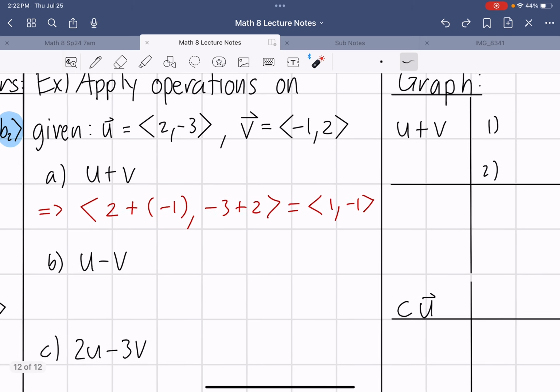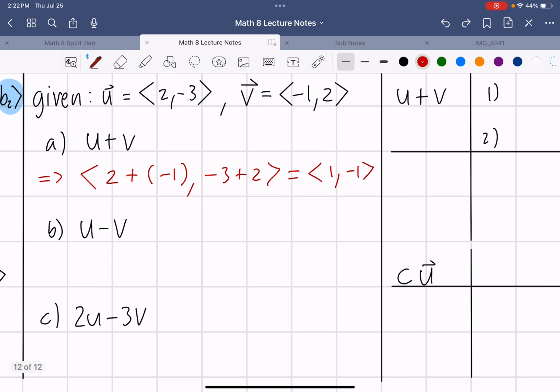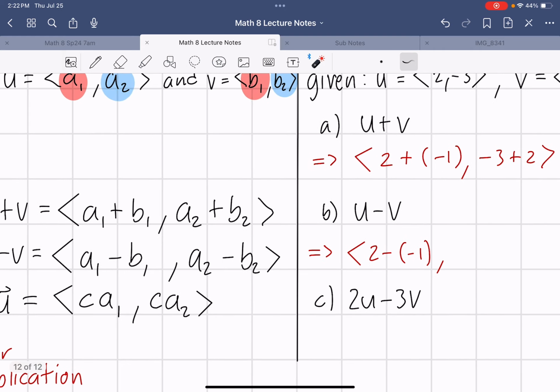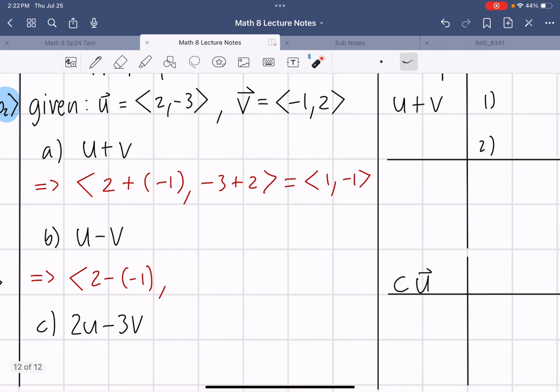So we do the same thing for subtraction. We take the x component of u, subtract it with the x component of v. But like I said before, I am not mixing up the negative in the component with the subtraction of the operation, or the operation subtraction.